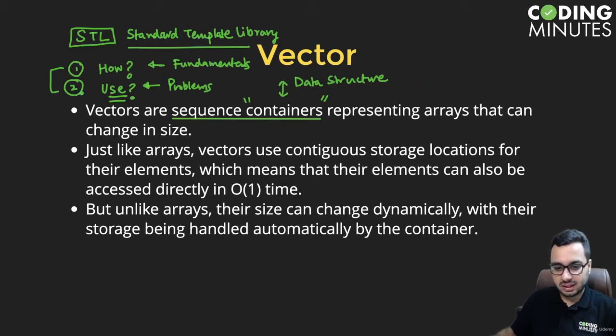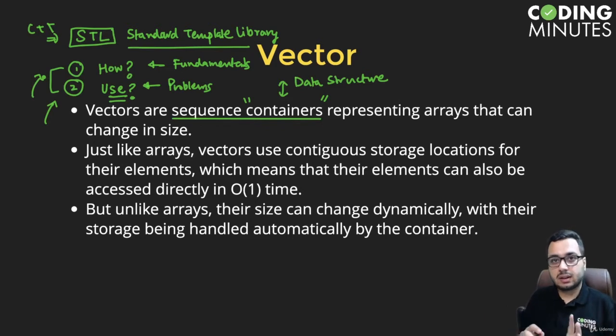We will first see how to use the vector class provided by the C++ Standard Template Library, and second we will build our own header file to simulate the same data structure, and at that point we will dive deep into the implementation of a vector. So we will do both: how to implement a data structure, how to use an inbuilt data structure, and how to use the data structure that you have implemented. That's the whole goal of this section.